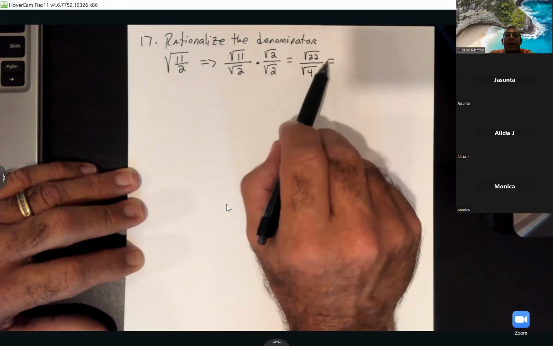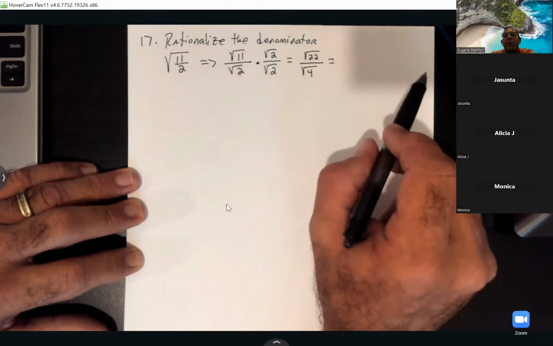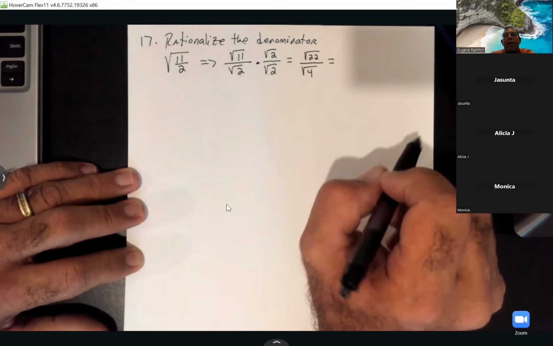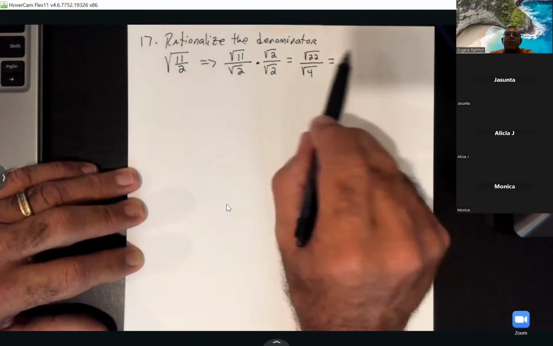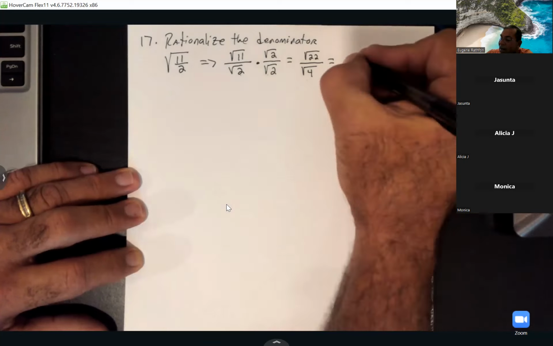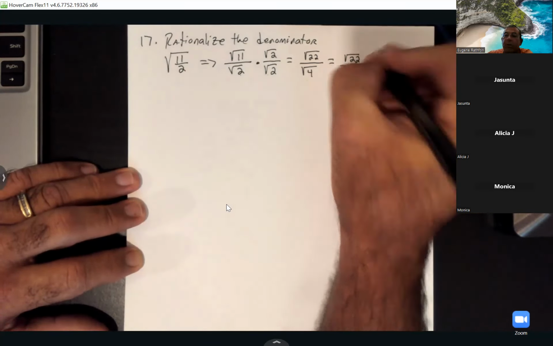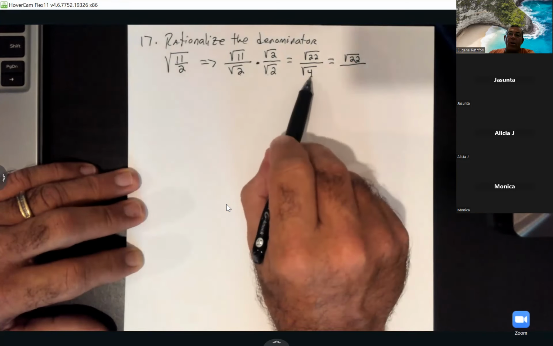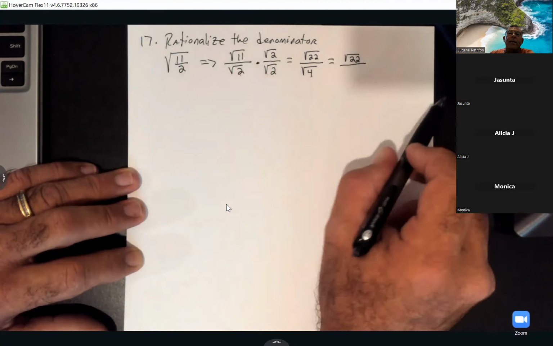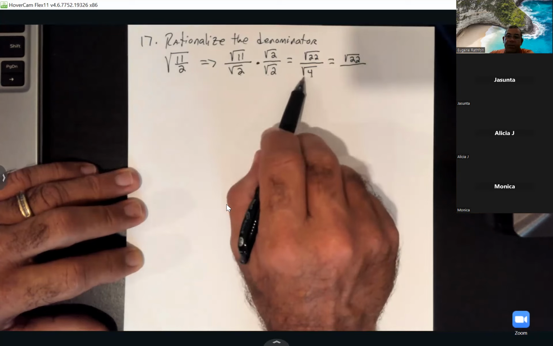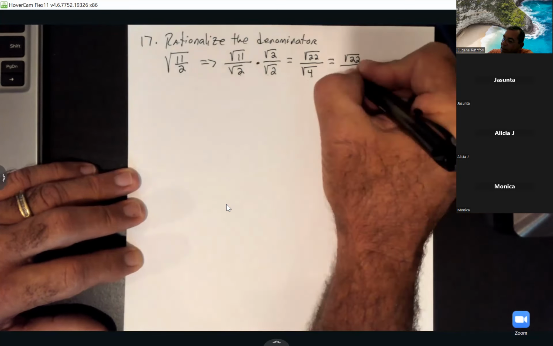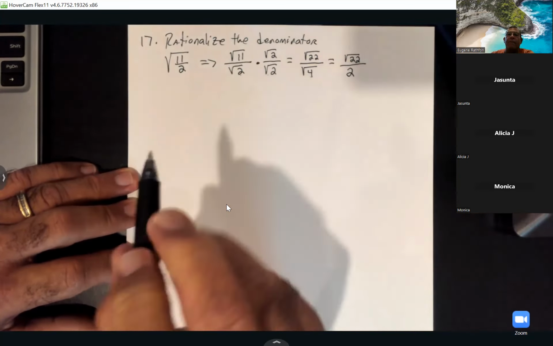So now it's time to simplify this. 22, if you look through the perfect squares, none of those perfect squares are a factor of 22, so I cannot do anything to the square root of 22. But y'all, we know the square root of 4 because 4 is a perfect square. And the square root of 4 will give us a 2.